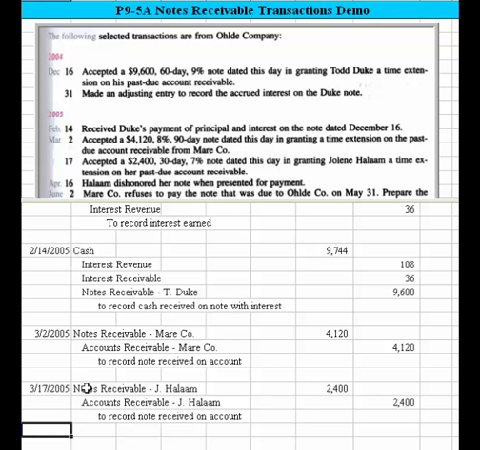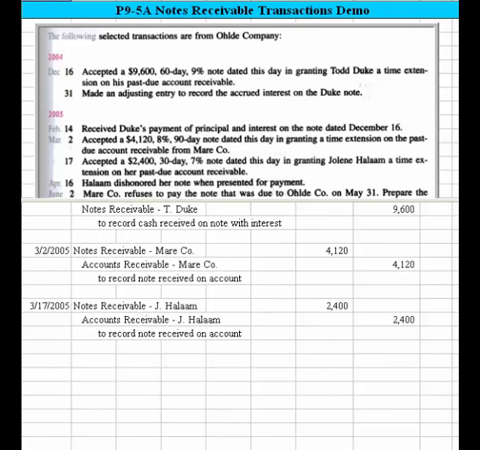Okay, then on April 16th, Halam dishonors her note when presented for payment. Let's slide down and cover that one. So we are on April 16th. And the first thing we want to do is, since the note was dishonored, put it back into accounts receivable.